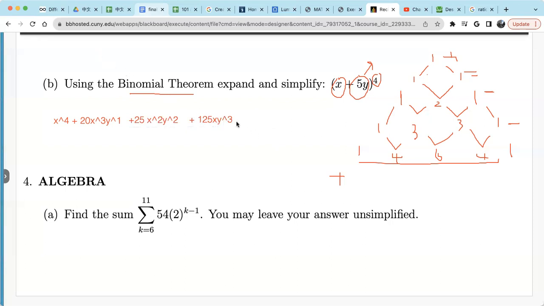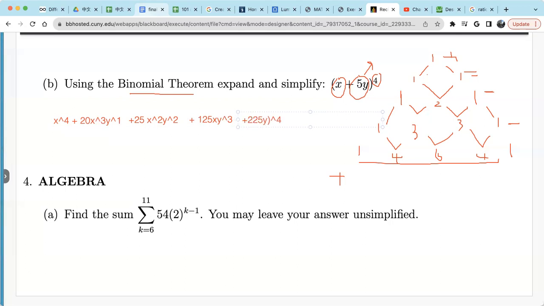Now last term. Last term, we don't see x anymore. Basically, we do have x raised by 0, but which is just 1, so we don't bother to write it. But then the second term, 5y raised by 4. What's 5 raised by 4? 5 squared is 25. 25 times 25, what is it? 225.